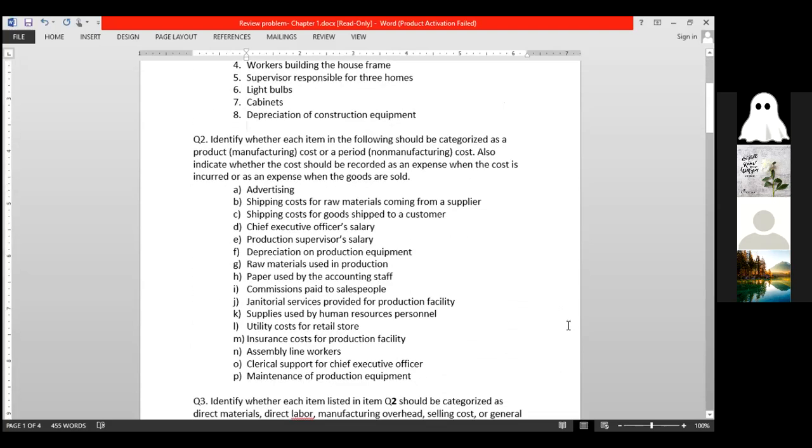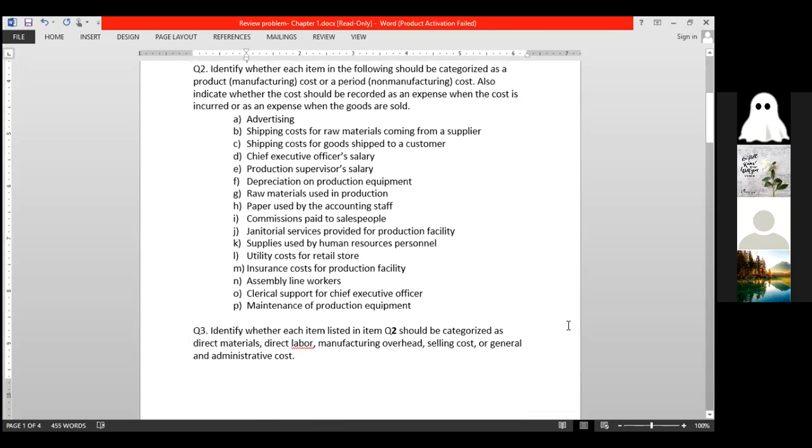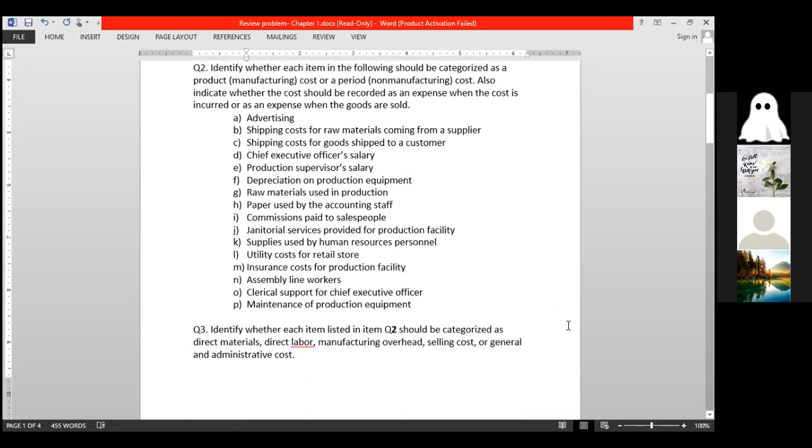For our easier identification, we will put the products that are used in making the other product under direct material. So raw material would be anything for a house here. Wood, nails, cabinets, everything is a material used in making the house. So nails would also be counted as materials.